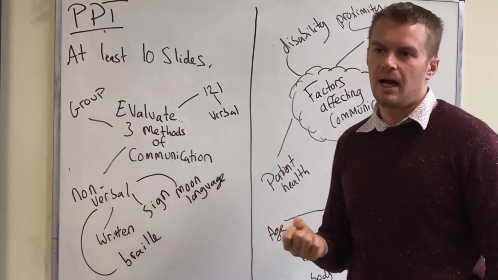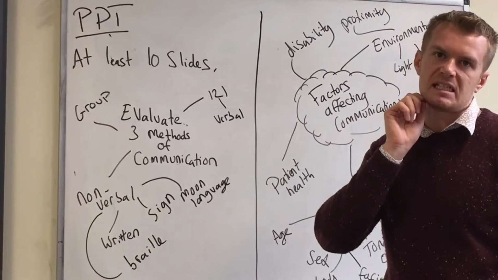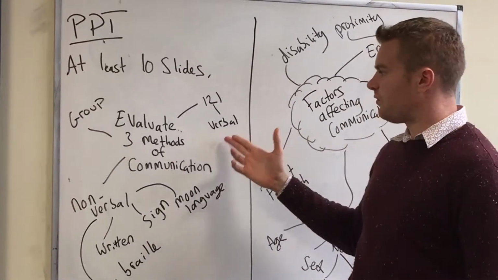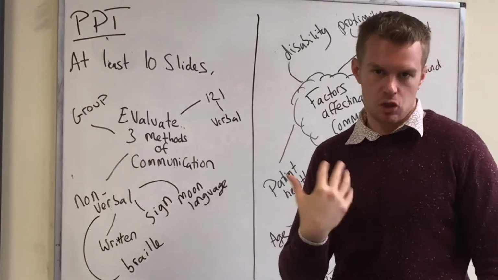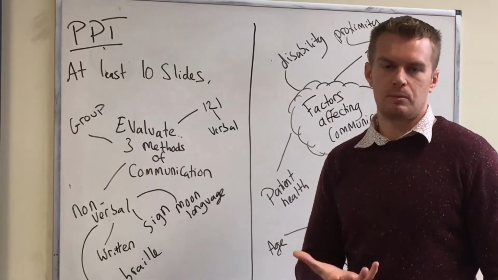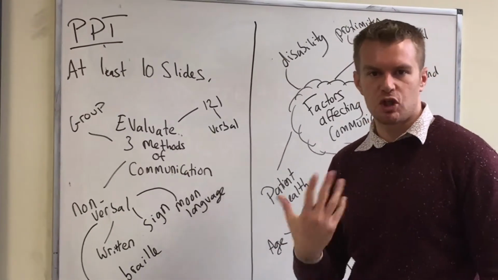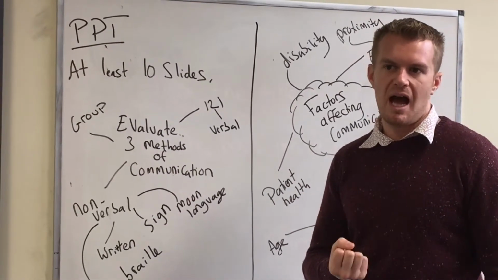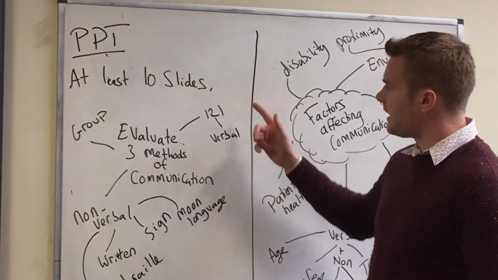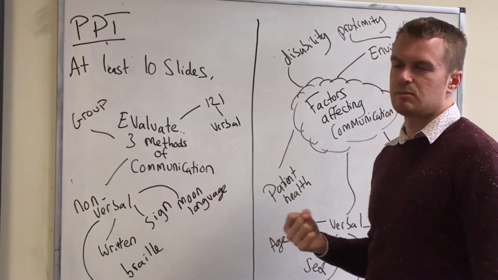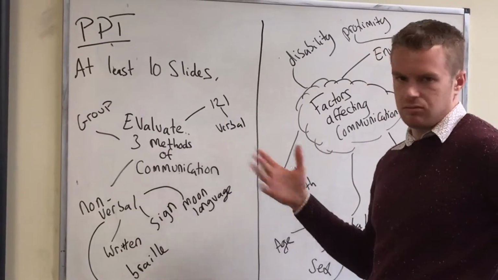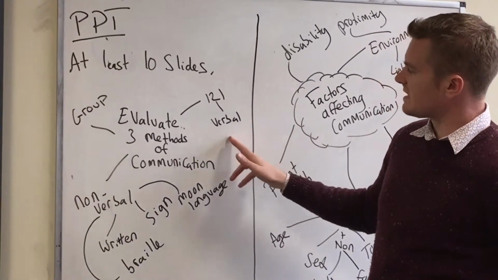Usually with one-to-ones, it's much more private and personal. The strength of that could be that the person might feel like they can talk more. When you're in group communication, it can be quite uncomfortable because you know that you're being judged and people are hearing you, and you usually need to be a bit more confident. Whereas with one-to-one, you can get a lot more from your clients, they can speak more, and it's much more private. So that's a little example of strengths and weaknesses there.